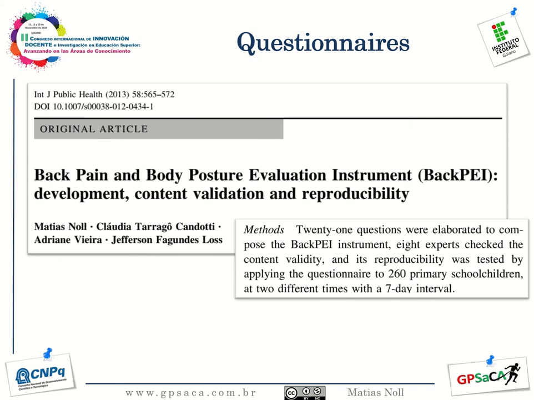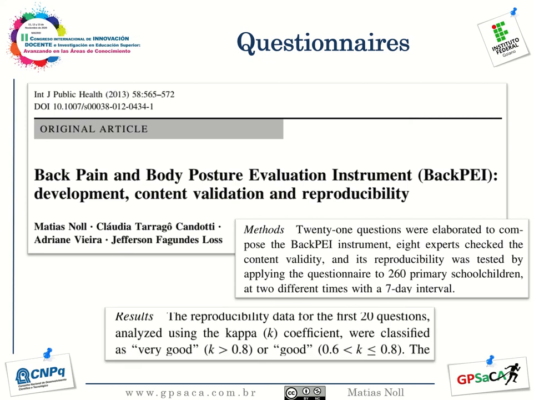And then, after that, three steps about the scientific content validity, based on the evaluation of 8 experts, and then the last two steps were the application of the questionnaire to a target group, in this case 260 primary school children, at two different times with a 7-day interval.